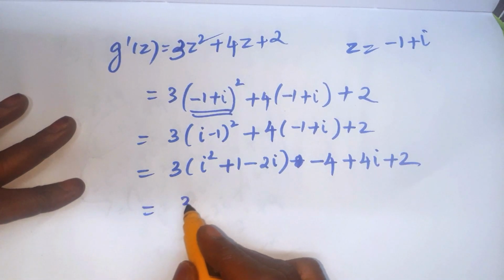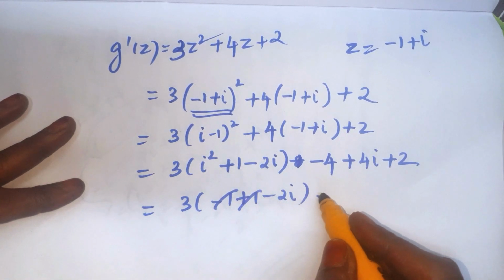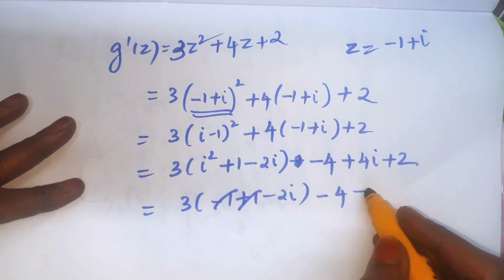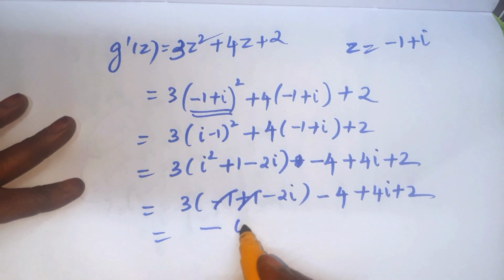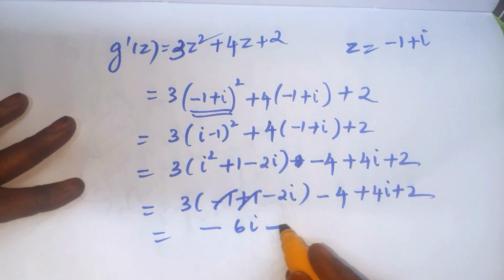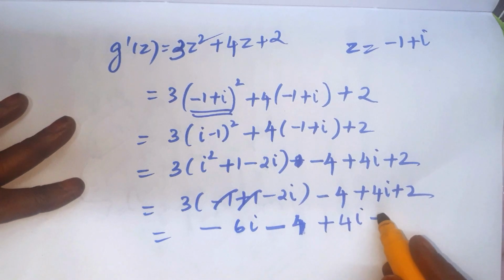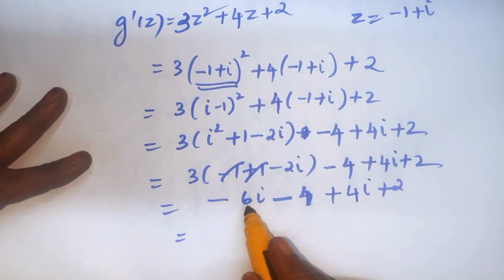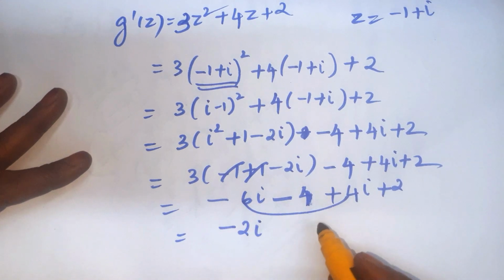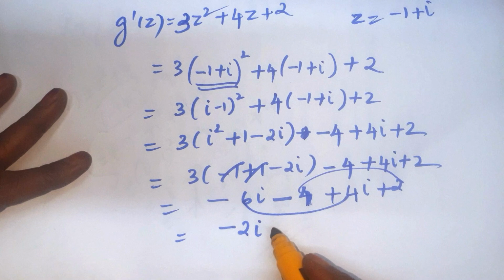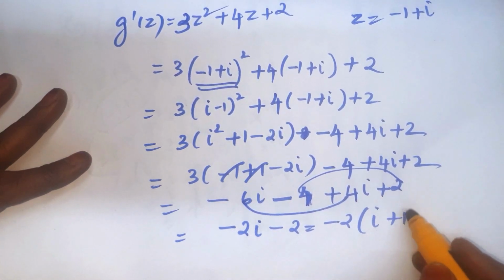So which is equal to 3 into minus 1 plus 1 minus 2i. These two will get cancelled. Minus 4 plus 4i plus 2. When we multiply, this is minus 6i minus 4 plus 4i plus 2. We can combine these two together as minus 2i, and these two together as minus 2. So minus 2 is common, i plus 1 finally.